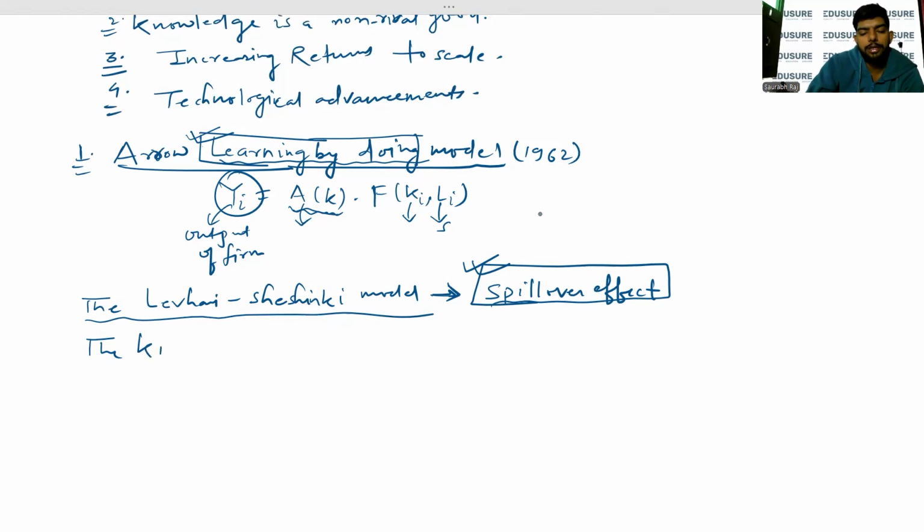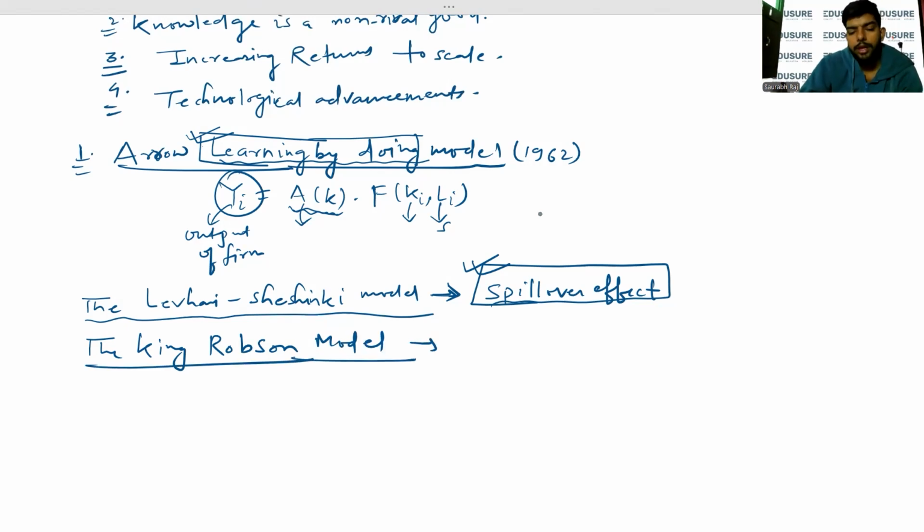Then the second one is the King-Robson model. He emphasized learning by watching, as a counter to Arrow's learning by doing.